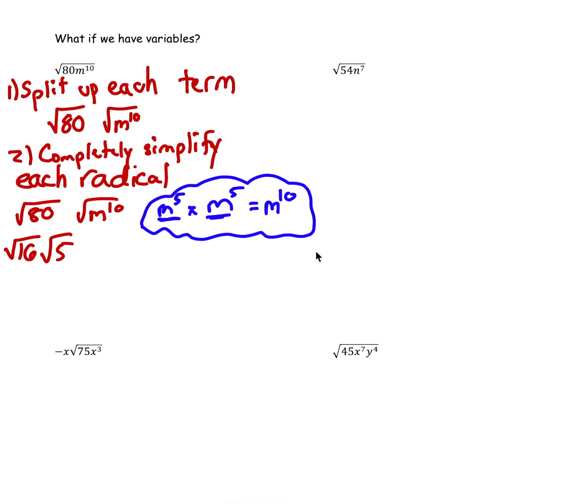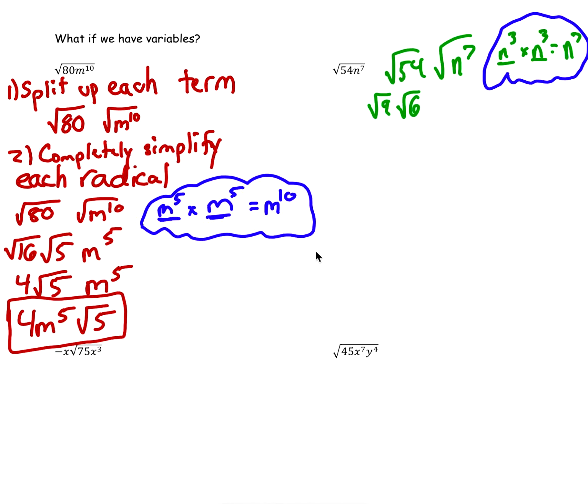Now we've got to think of that variable. Thought bubble: what times what is going to give you n to the 7th? Well, we know the base has to be n's. N to the 3rd times n to the 3rd would give me n to the 6th.